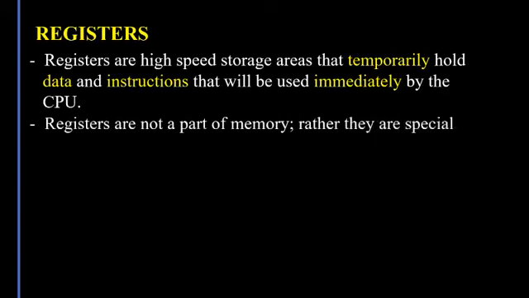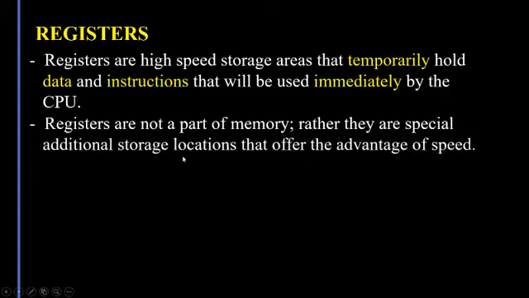So registers are not a part of memory. Rather, they are special additional storage locations that offer the advantage of speed. The speed is their advantage. That's why the CPU keeps data that it needs to use frequently there.